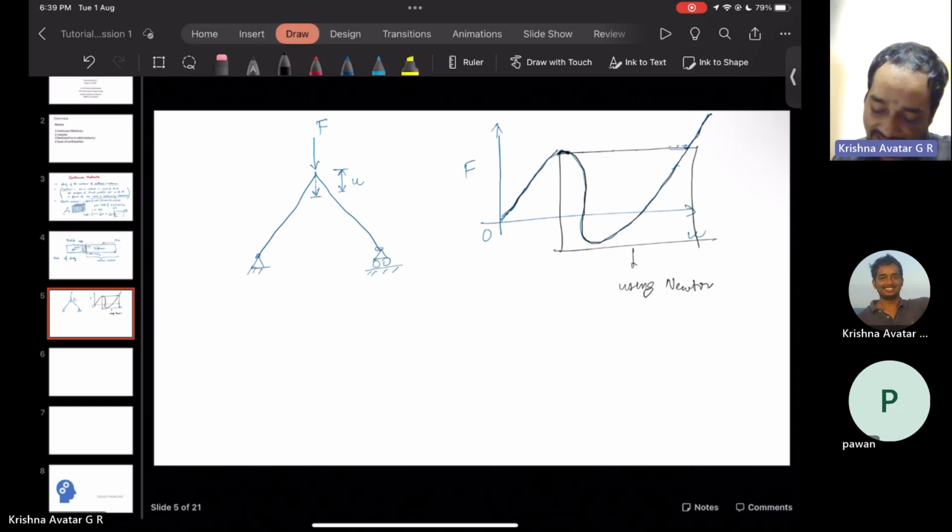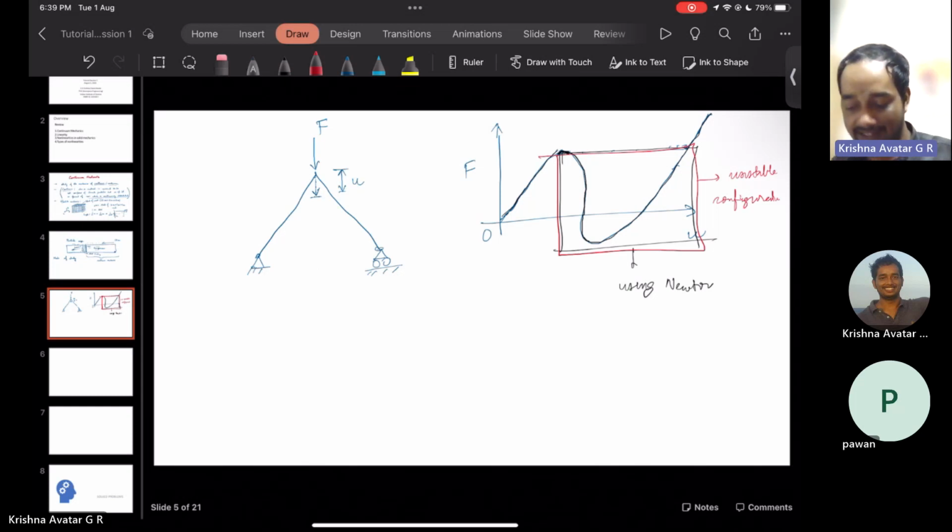What's happening here is that this part that I'm marking again in red is the unstable configuration. We won't be able to observe this in an experiment. Newton-Raphson only captures the stable parts. The stable part is here, and then it jumps and goes on.